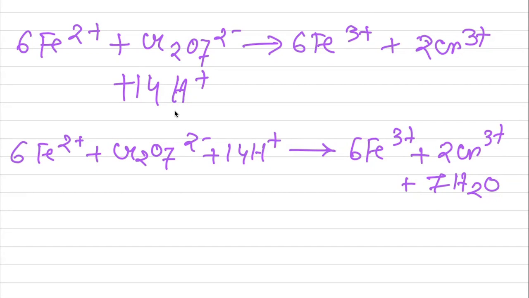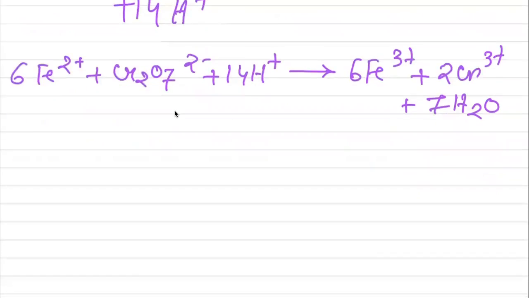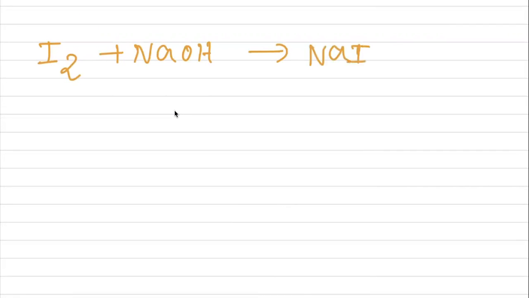So one interesting one: disproportionation reaction. Like I2 reacting with NaOH, it forms NaI plus NaIO3 plus H2O.